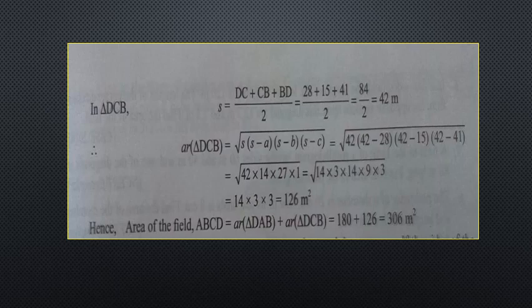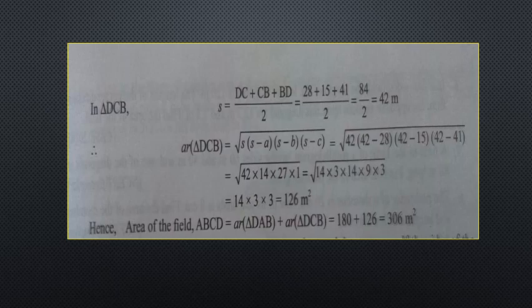Area of triangle DCB is equal to square root of S into S minus A, S minus B into S minus C. That is equal to square root of 42 into 42 minus 28 into 42 minus 15 into 42 minus 41. 42 into 42 minus 28 is 14, into 42 minus 15 is 27, into 42 minus 41 is 1.